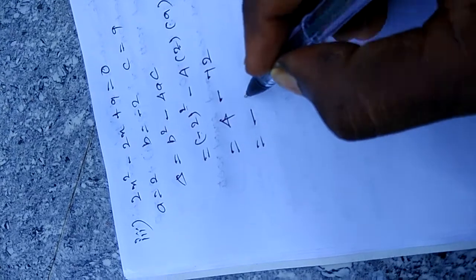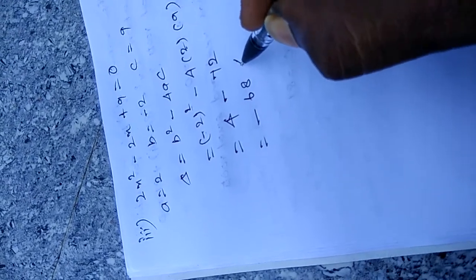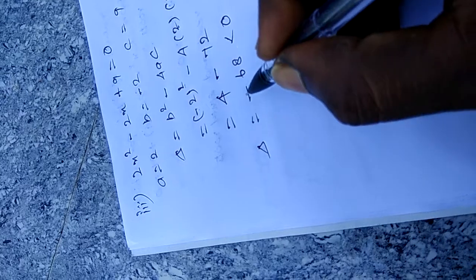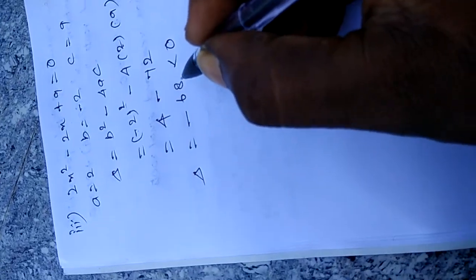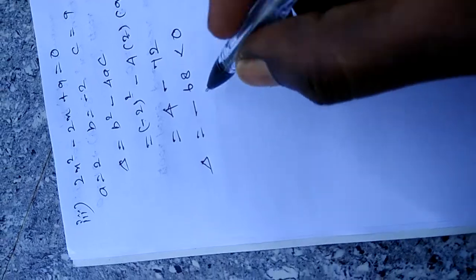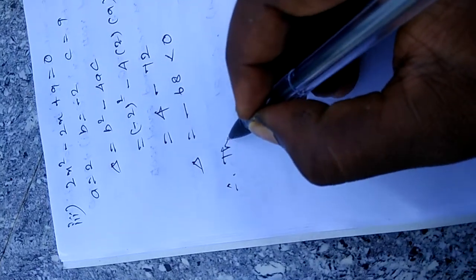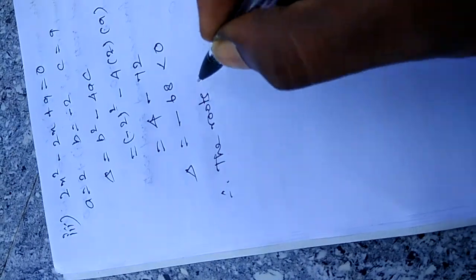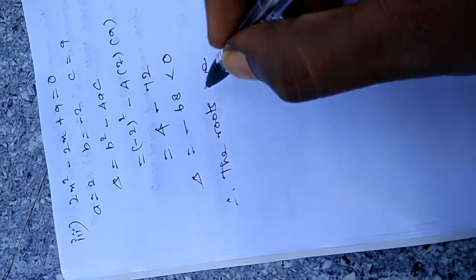So subtraction gives minus 68, which is less than 0. Delta here is a negative value. Therefore, the roots are not real. So that is the third condition.